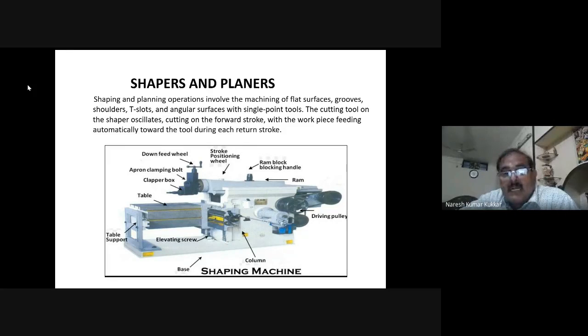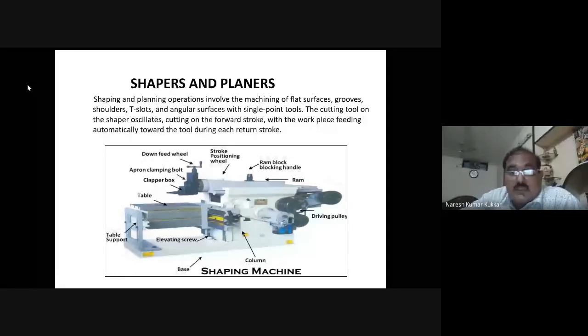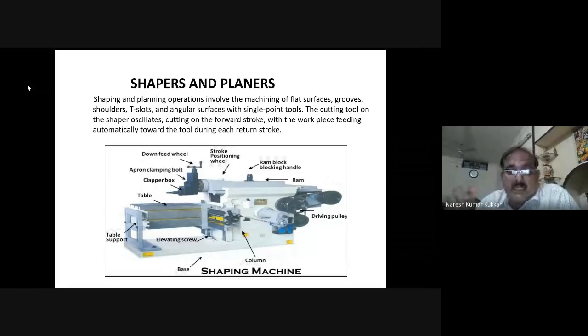This is called the ram, which moves upward and below, front and below. The stroke positioning wheel is there to control the ratio. The downfeed wheel is there, and the clapper box is there, and the table is fixed. The workpiece is fixed on the table, and the shaper moves to create the desired piece which we want to design.